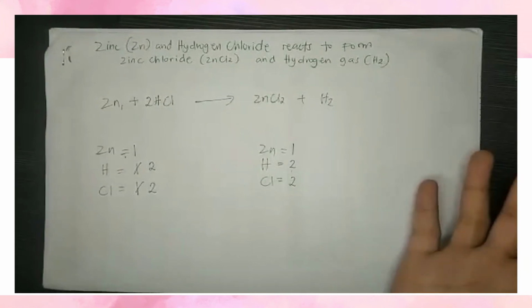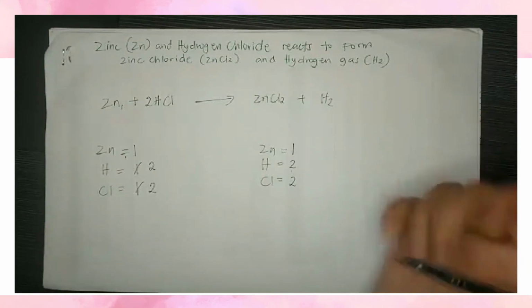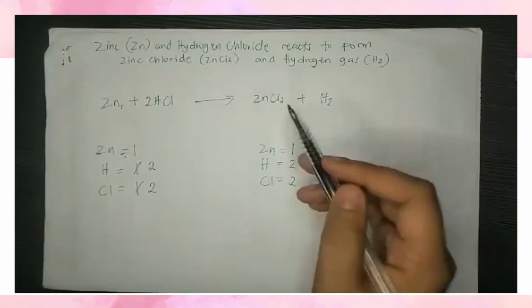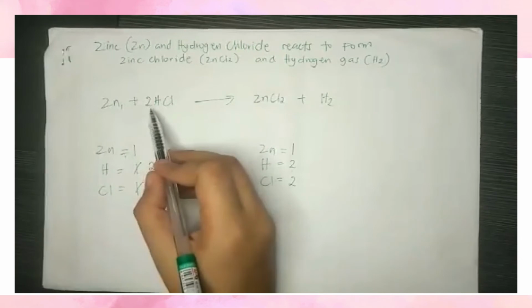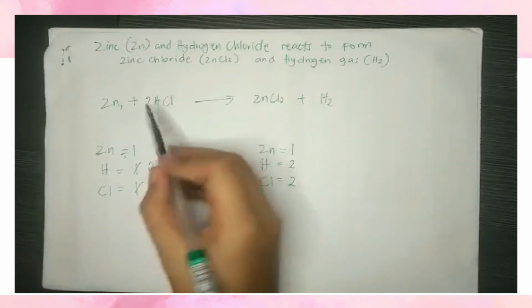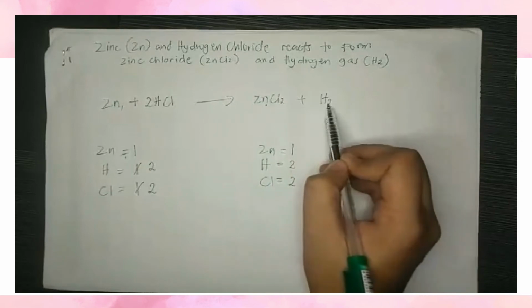So that's it. They are now balanced. So for us to have this product, we need 1 molecule or 1 atom of zinc plus 2 molecules of hydrogen chloride to form zinc chloride and hydrogen gas.